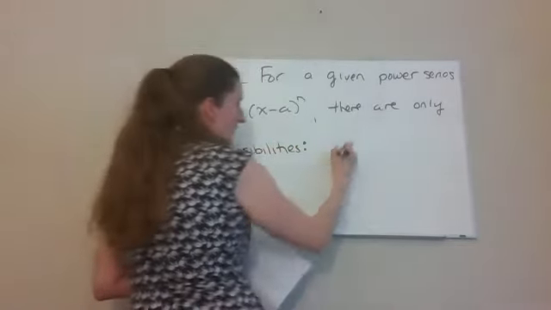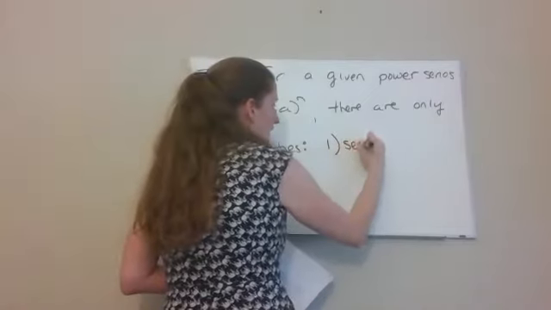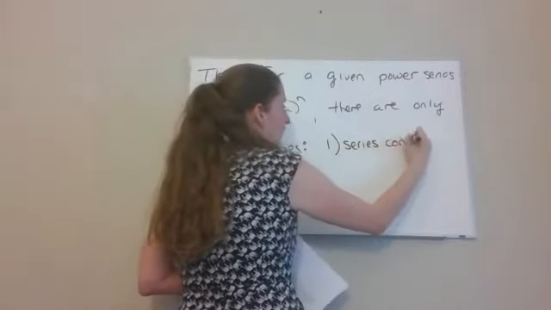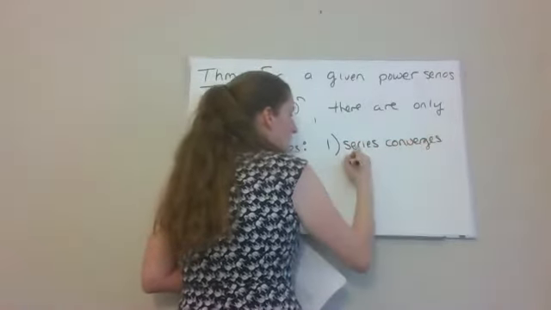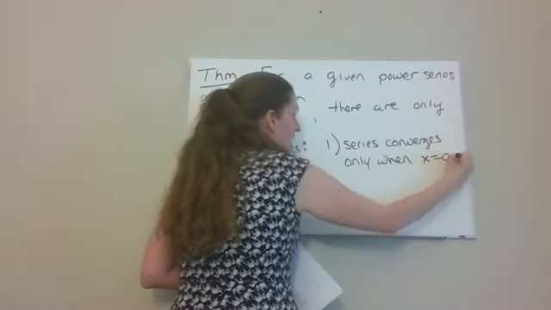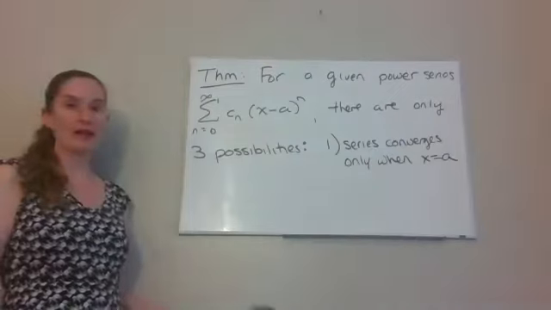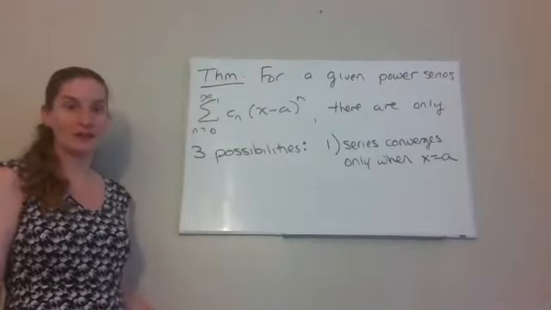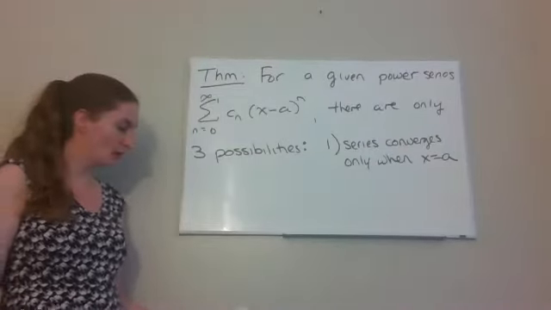First possibility is the series converges only when x is equal to a. That's the case where we always have some convergence because that's the sum of all zeros.